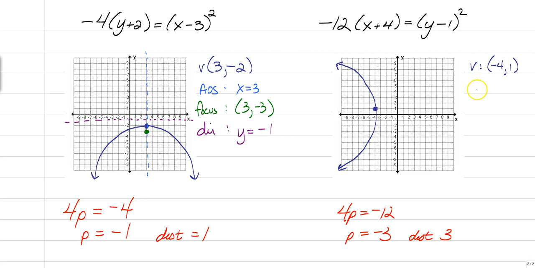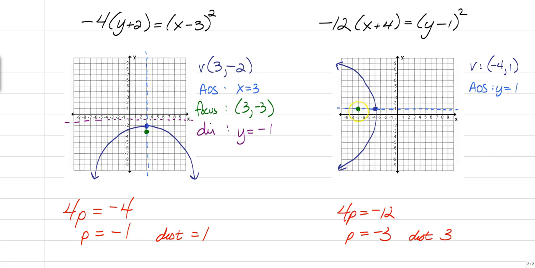So to go find our axis of symmetry, it is always going to split the parabola in half. A horizontal line is y equals the y coordinate, which is 1. Again, if it opens left and right, it's y equals the k value. And then we have our focus, which is inside, a distance of 3 units to the inside of the parabola.